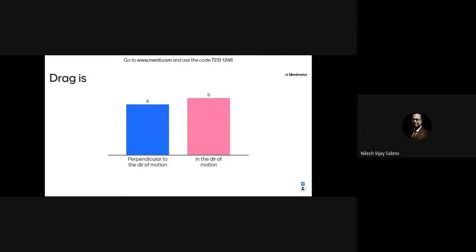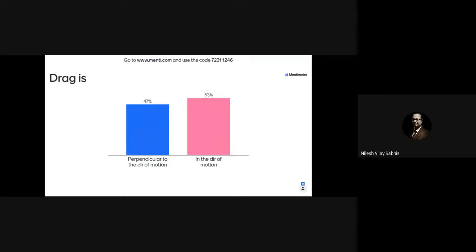I will stop sharing now, and the poll will also be closed. 53% students are saying in the direction of motion, and 47% students are saying in the direction perpendicular to the motion. So let's have a correction and check who is correct.